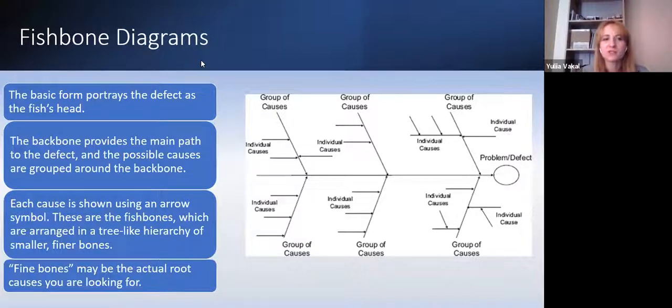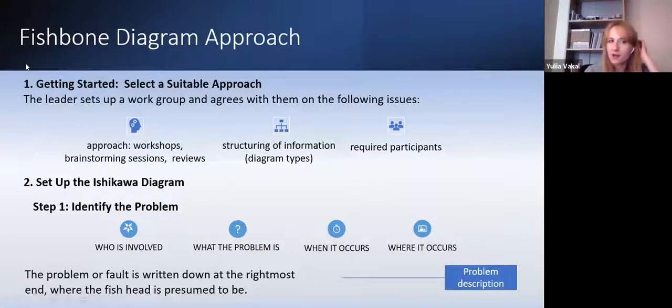And these finer bones actually are our root causes. That's what we are looking for. And you see these different groups of causes. So how to define these groups of causes is an interesting thing. Again, it's very important, and it actually eases our investigation when we have this kind of framework, when we have these categories. I will show you some examples, and some categories later.